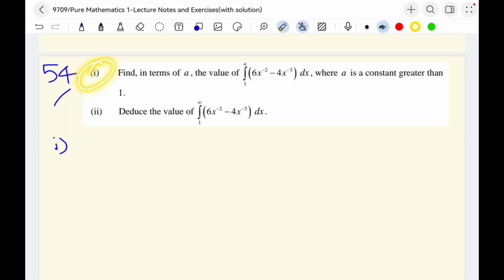First part: find, in terms of a, the value of this integral, where a is a constant greater than 1. So let's find the integral of 6x minus 2 to the power of negative 2.